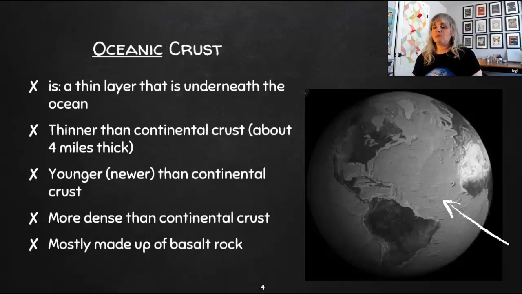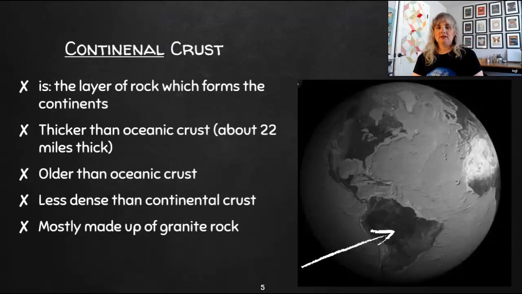It's mostly made up of a rock called basalt, versus continental crust, which is the layer of rock which forms the continents. It is thicker than oceanic crust, which makes sense, right? Because it's got to rise out of the oceans, about 22 miles thick, depending on where it is. If there's mountains, it can be even higher than that.